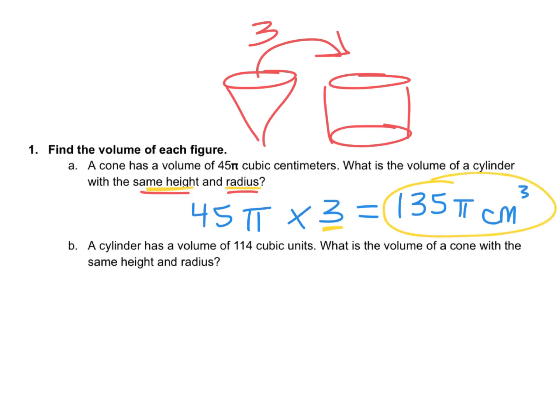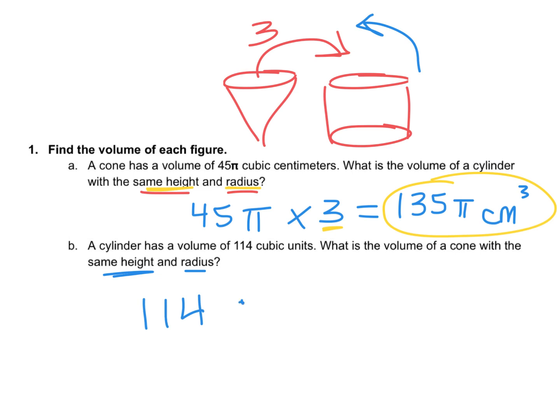Then the opposite of that would be true. If a cylinder has a volume of 114 cubic units, what's the volume of a cone that has the same height and the same radius? If we go the other way, a cone would be a third of the size.